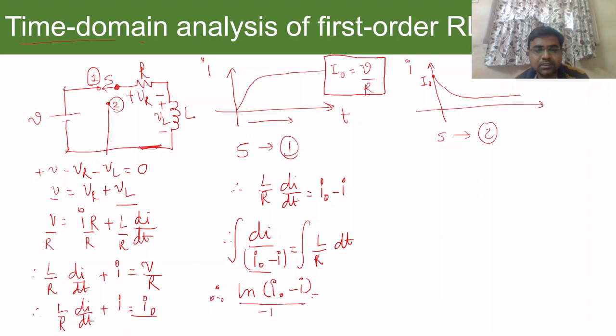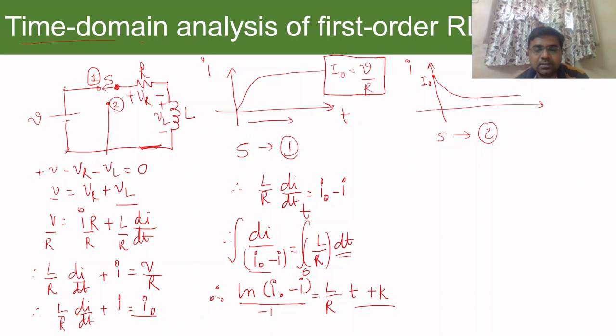Here R upon L is a constant value, so it will be outside the integral. And for the integration of dt, I have to integrate from 0 to t. The integration of dt is t, and when I substitute the upper and lower limits, I will get t plus some constant k.